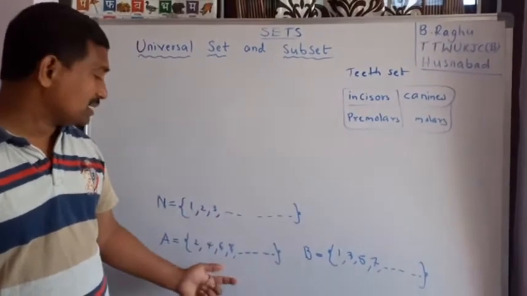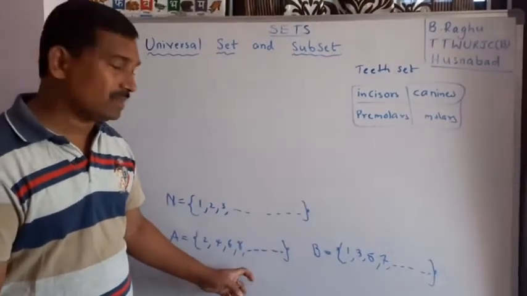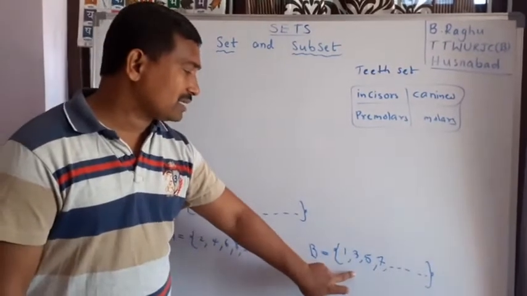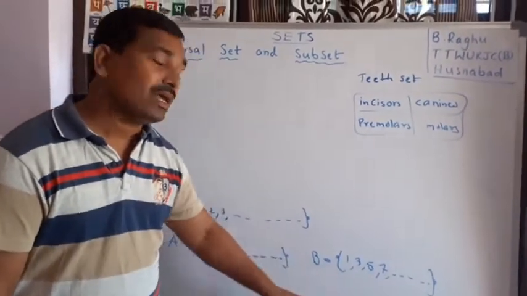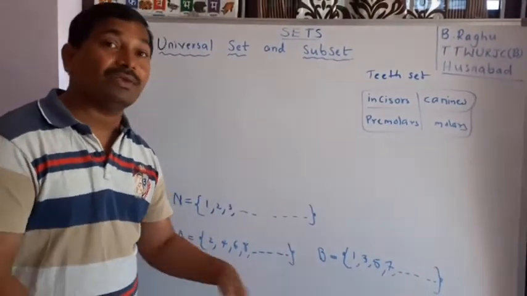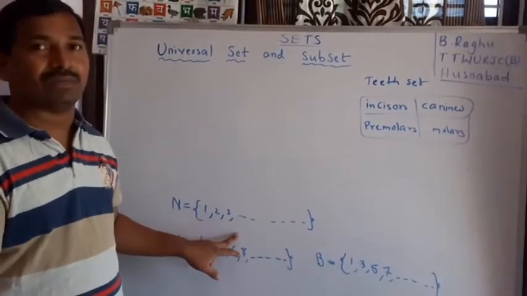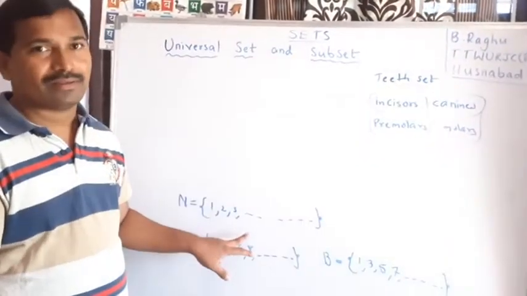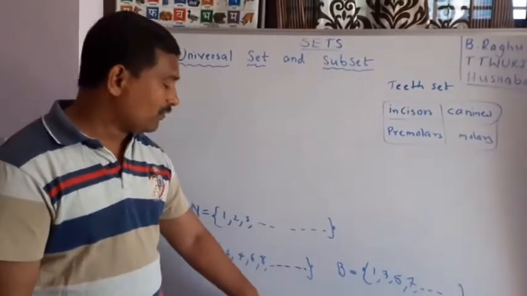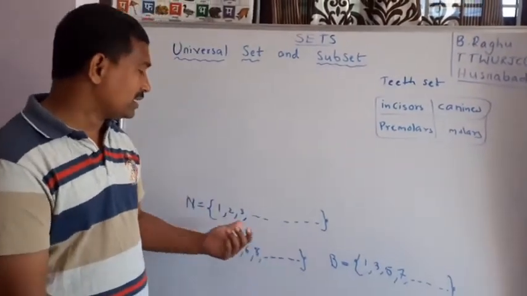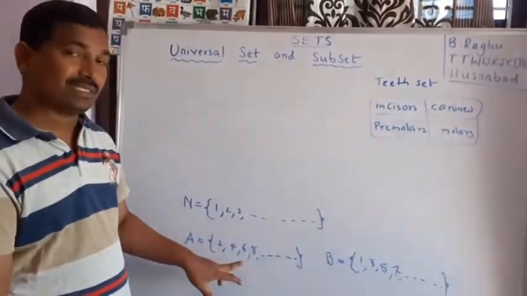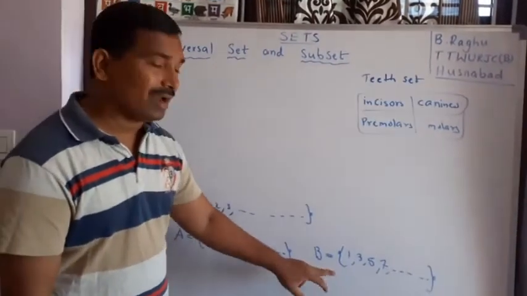For these two sets, the universal set is the natural number set. Why? Because this is the even natural numbers, and this is the odd natural numbers.